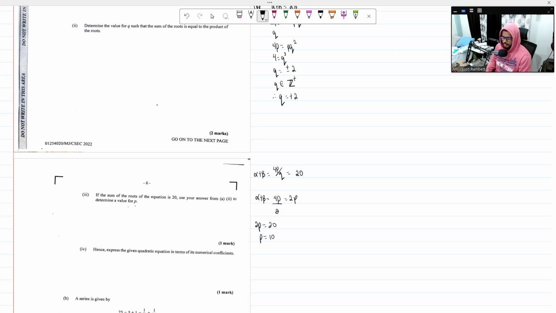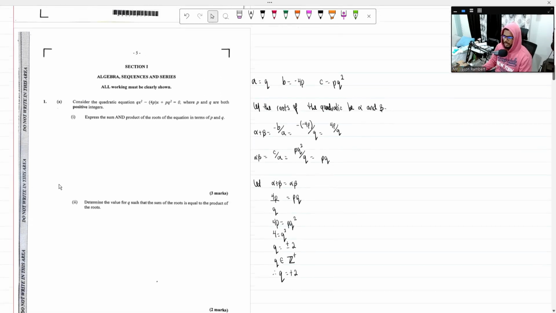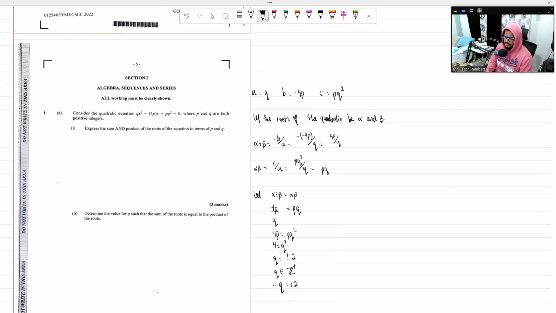Hence, express the given quadratic in terms of its numerical coefficients. So I'll write it down here. qx squared, I just put this down here and I'll copy it down, right? q is equal to 2. p is equal to 10.